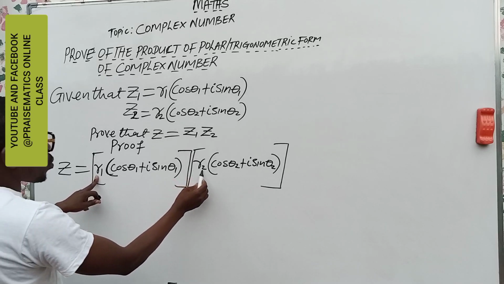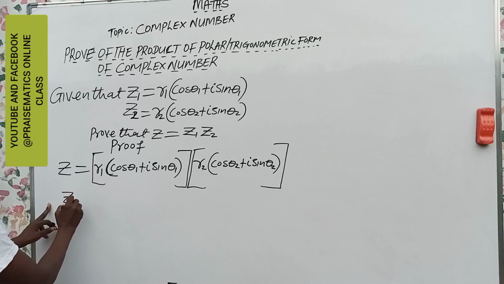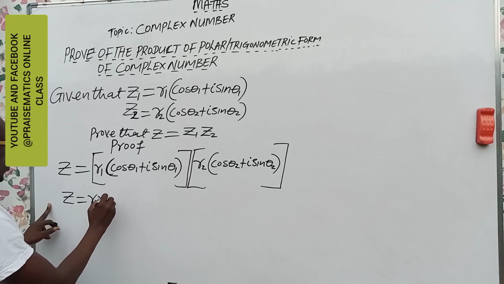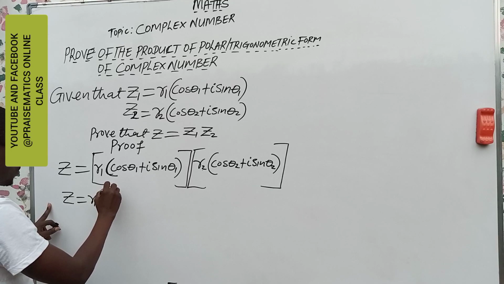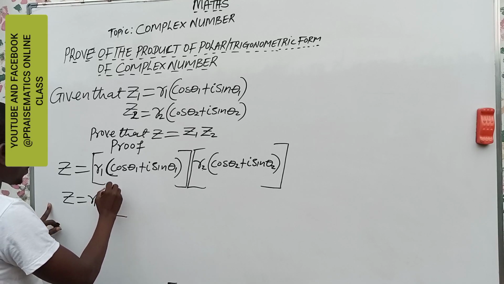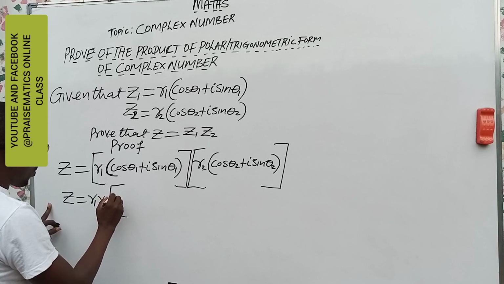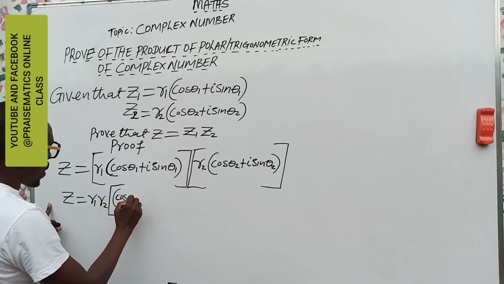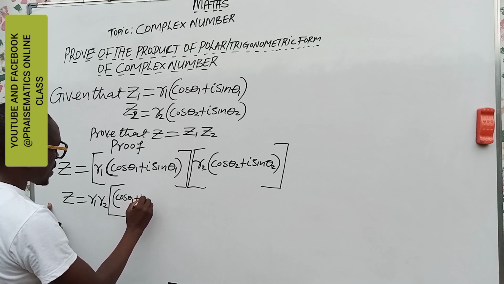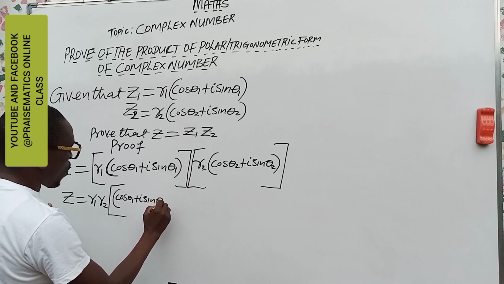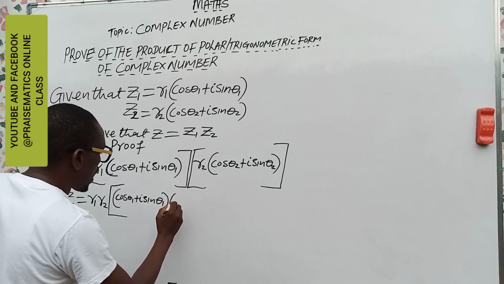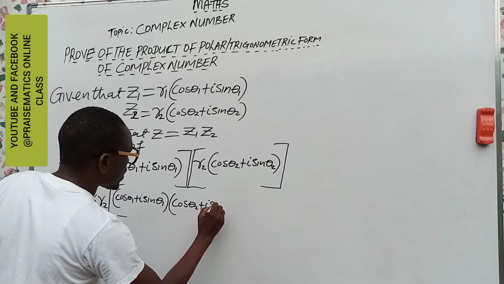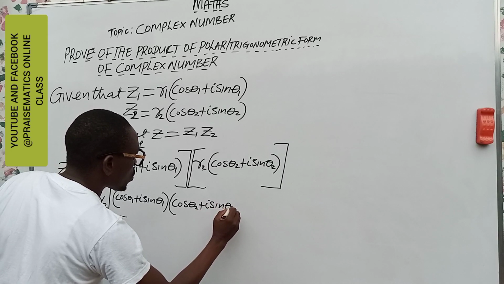We multiply R by R, so we have that Z is equal to R1 times R2 into bracket cos theta 1 plus I sin theta 1 multiplied by another bracket cos theta 2 plus I sin theta 2.